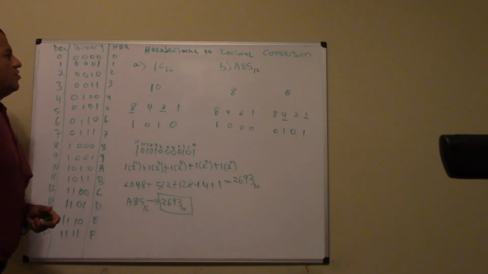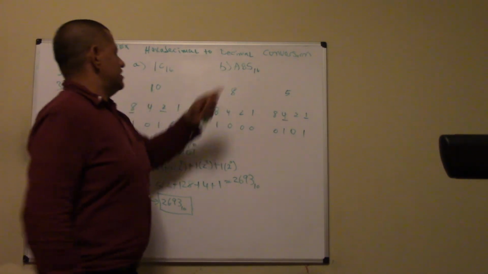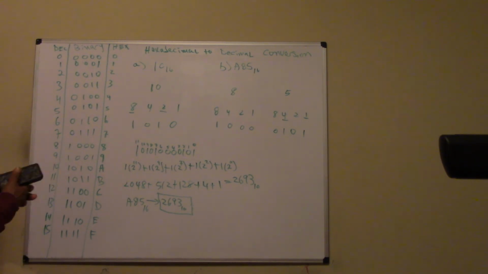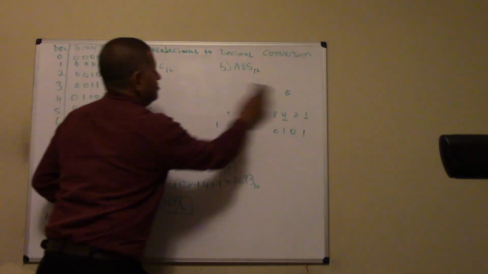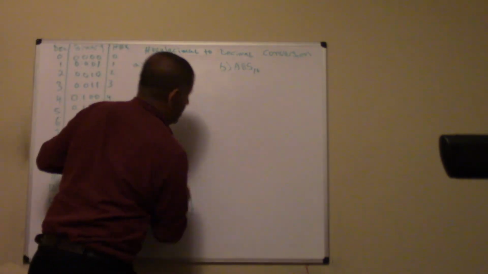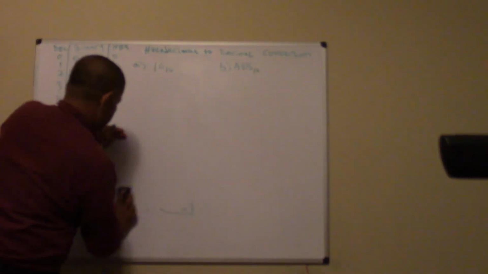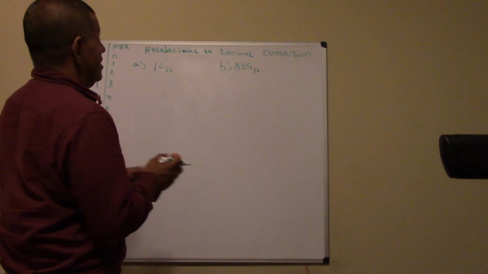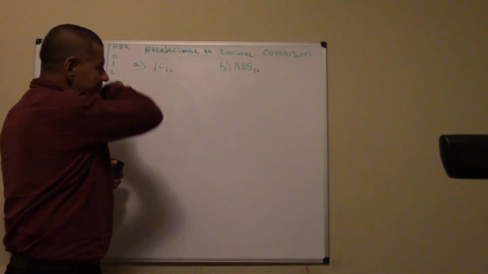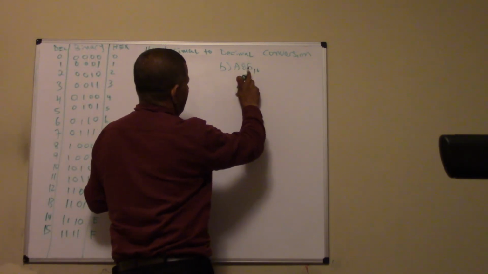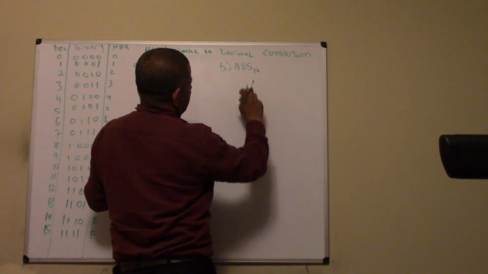Now let's do this using the other method. Okay, let me do this real quick. So, okay, so here, remember, we have these numbers, right? So we have 1, 2, 3, and then we start again.